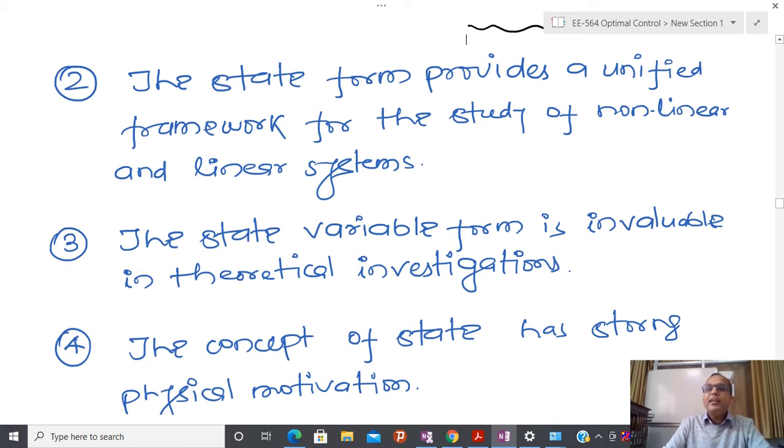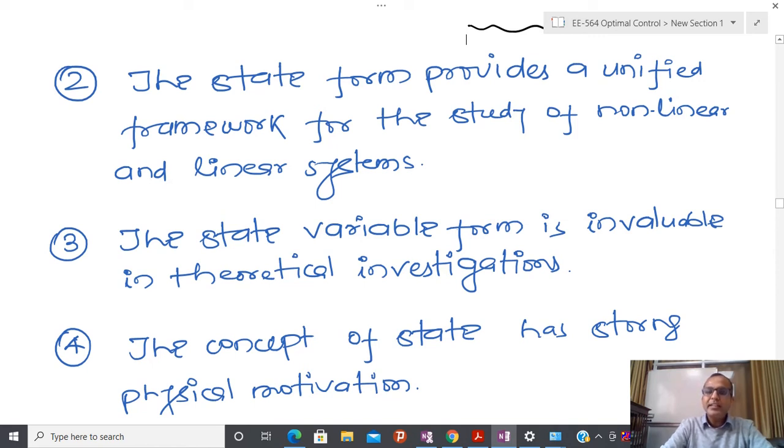For theoretical investigation, it is possible to select those state variables which have a certain physical meaning, a strong physical motivation, and for that reason also we express the control problem in terms of a state space form.